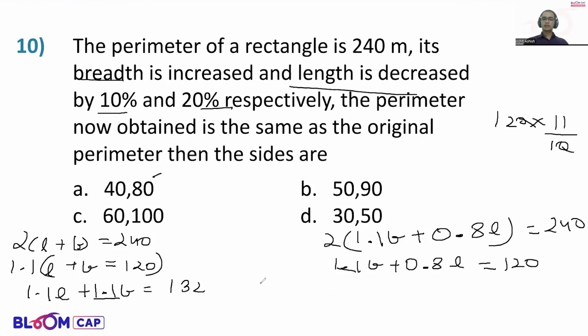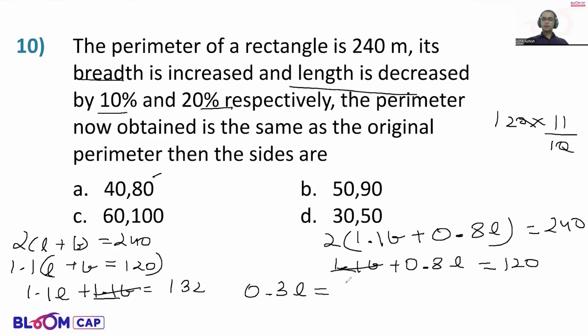So we can simply subtract them. When you subtract them, B and B will cancel out. Now 1.1L minus 0.8L is 0.3L, which is equal to 12 if you look closely.